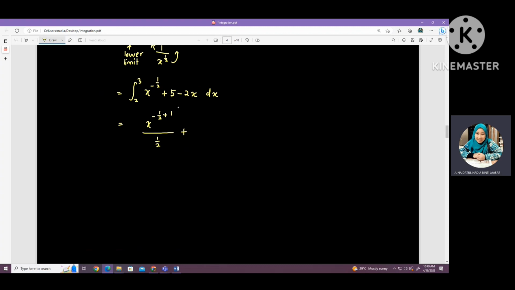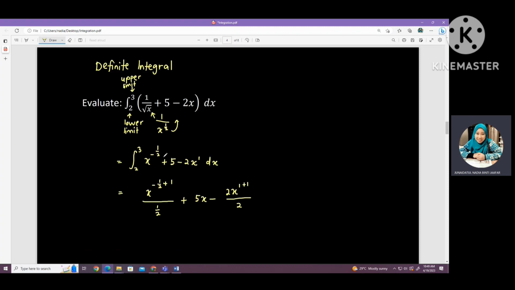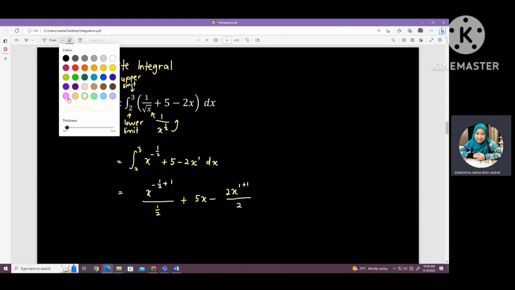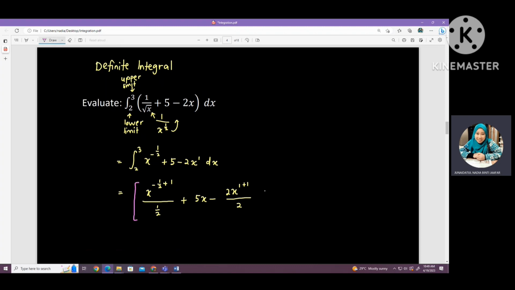And then plus, we integrate 5 with respect to x, we will get 5x. And then minus, integrate 2x with respect to x, we will get 2x to the power of 1 plus 1, divided by the new power, which is 2. And here, this is the definite integral. So for definite integral, we don't have to write plus c, but we must write the limits from 2 to 3.